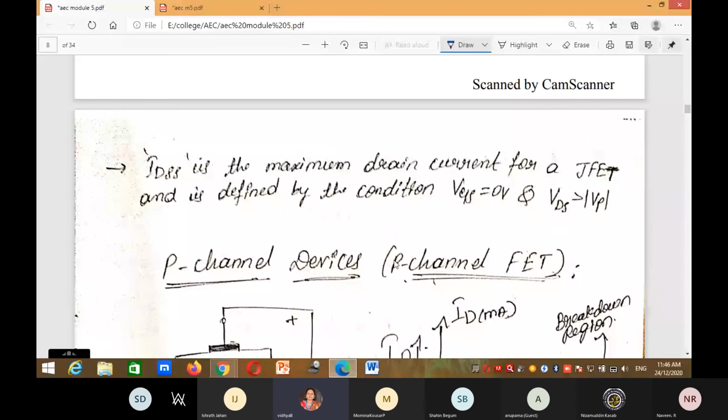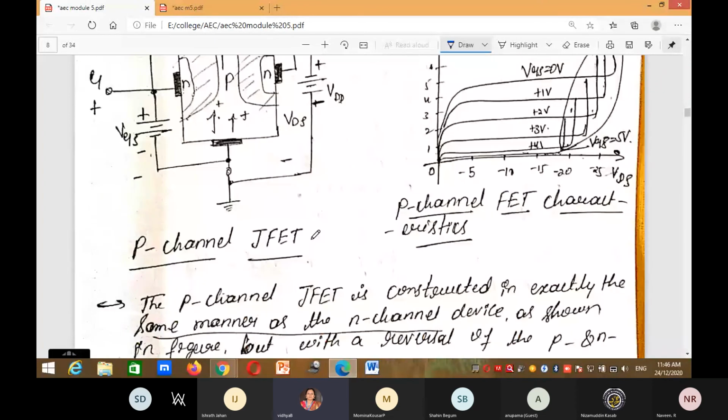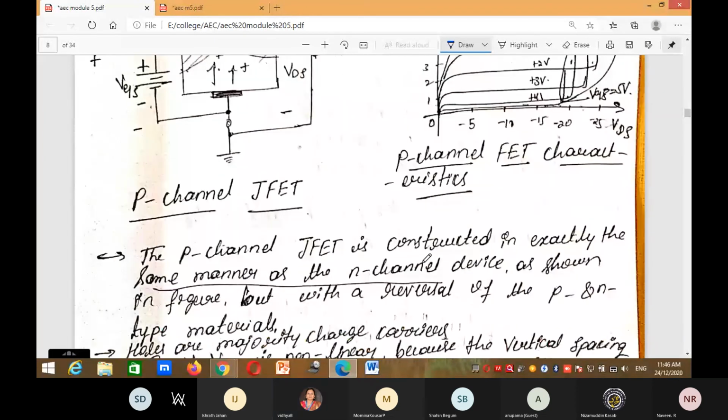Next is P-channel devices. It is similar to the N-channel; the P-channel JFET is constructed in exactly the same manner as the N-channel.